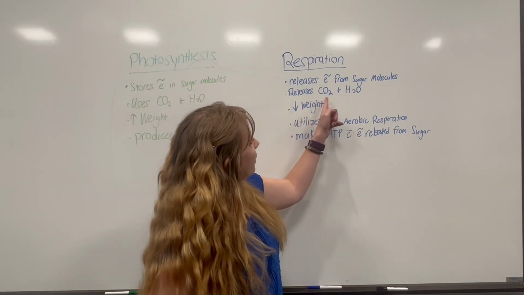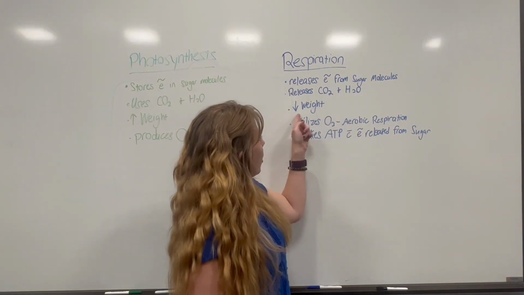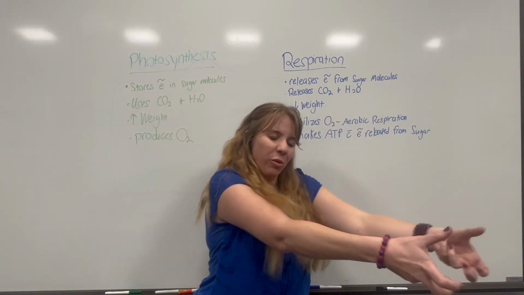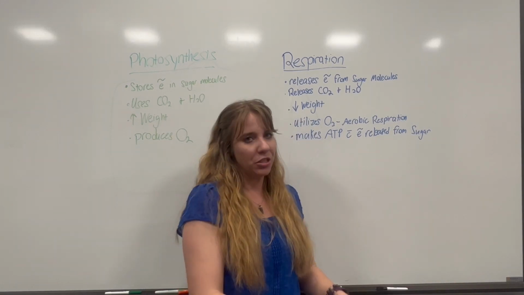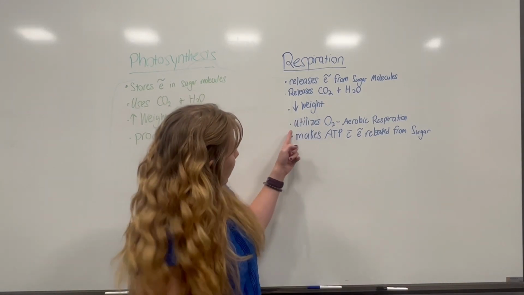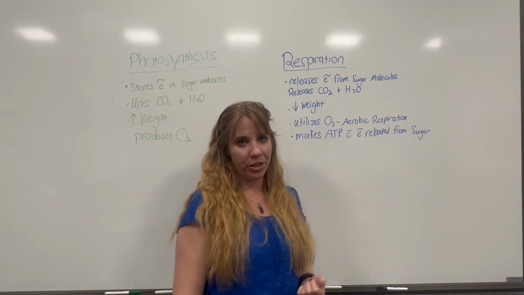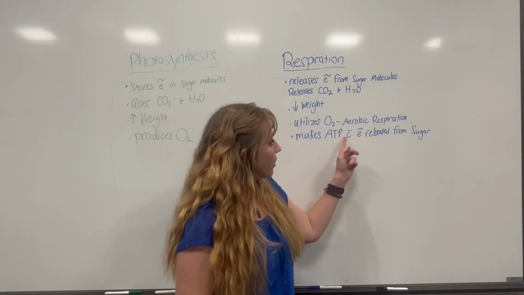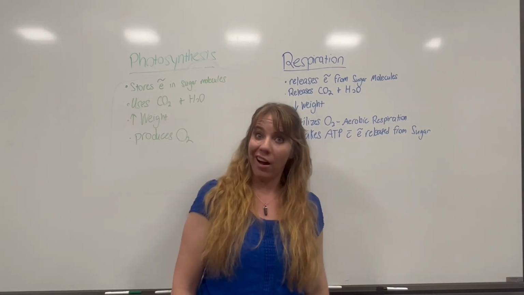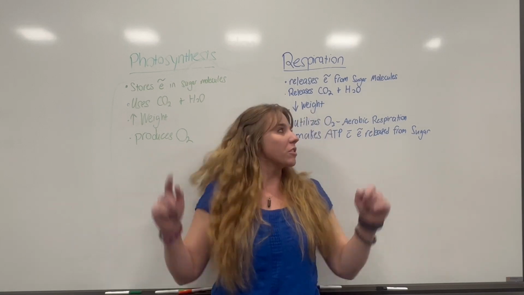We're going to release carbon dioxide and water, the exact opposite of photosynthesis. We're going to decrease the weight. We're taking money out, we're taking energy out, so it's going to weigh less. We're going to utilize oxygen, so that's aerobic respiration. And we're going to make ATP with the energy released from sugar. We're going to make a lot of it. So that's a little bit about the differences of both of those.